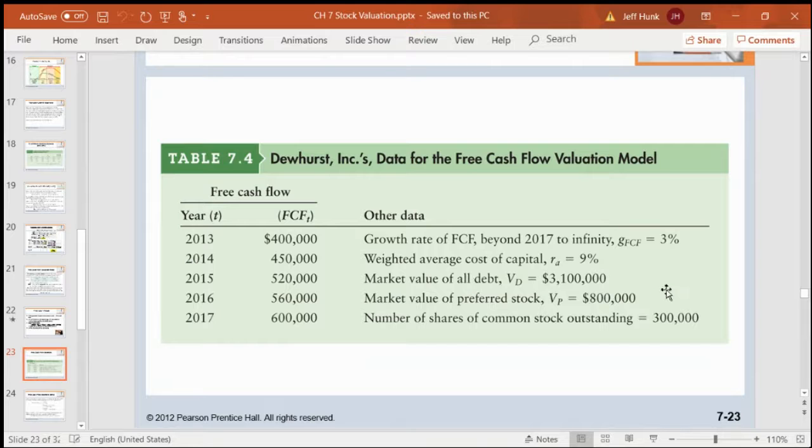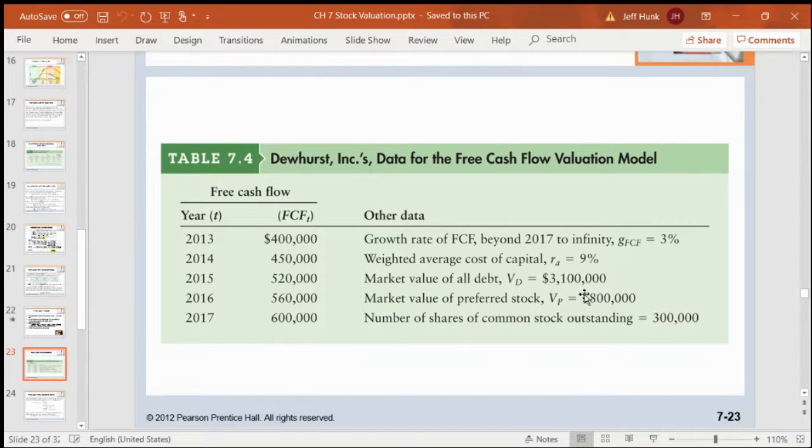So value of debt, 3.1 million. Value of preferred stock, 100,000. I mean, if they wanted to make this example very hard, they would have done it. They would have made it very hard, and they would really give you a hard time. But they wouldn't even give you the weighted average cost of capital.